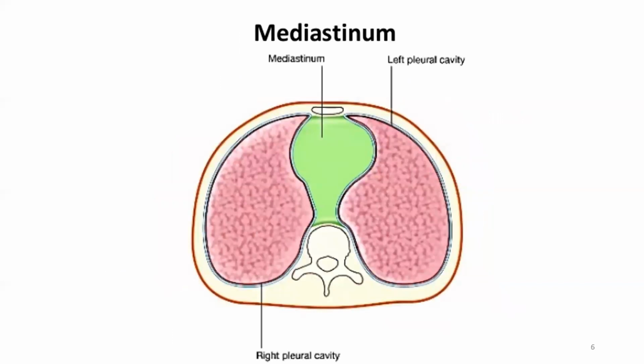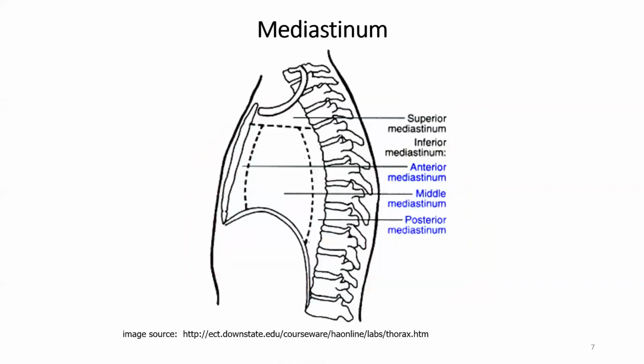The lungs are separated by the mediastinum. This area or space shown here in green is where, again, the heart and trachea, esophagus, many lymph nodes live. There's no lung tissue in the mediastinum, but there are lymph nodes.